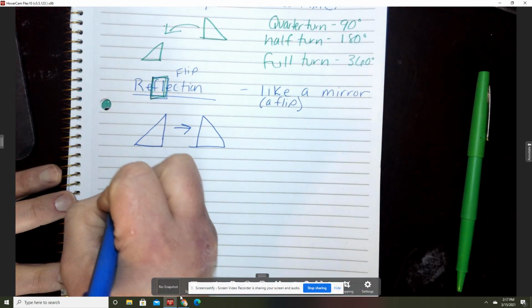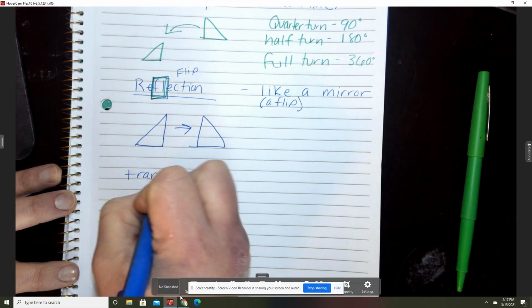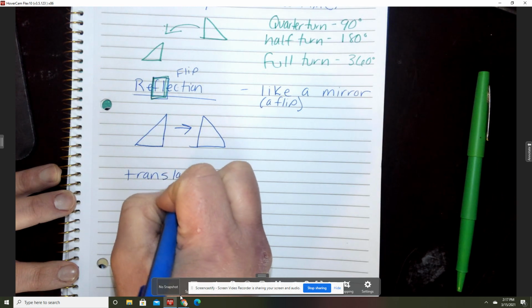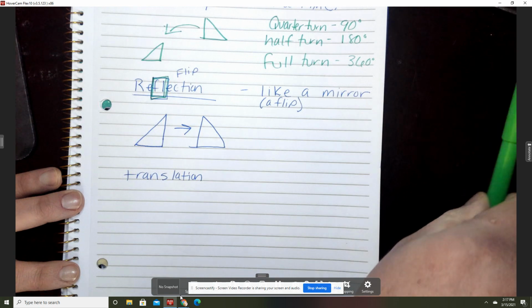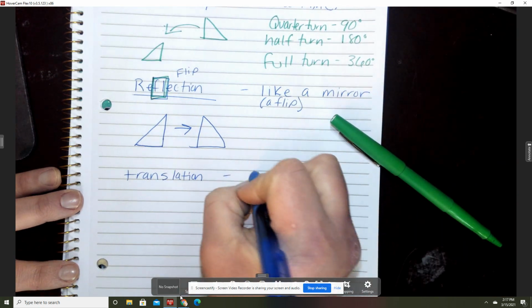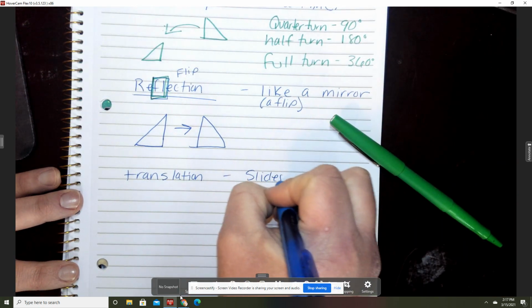And then the last one is translation. And this is where it slides up or down.